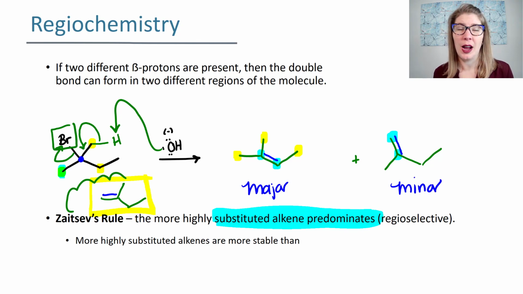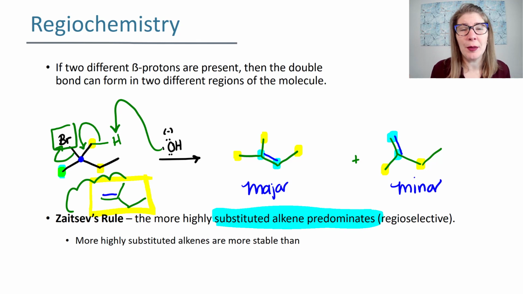For my minor product, I look at the carbon groups that are attached to my two blue carbons, and I have 1, 2 carbon groups attached. So this is a di-substituted alkene. When we talk about the more highly substituted alkene, the more carbon groups that are attached to those sp2 hybridized carbons, the more stable that compound is, and that's why it is your predominant compound at the end. It's why it's your major product.